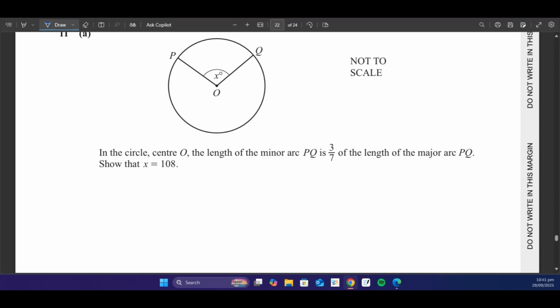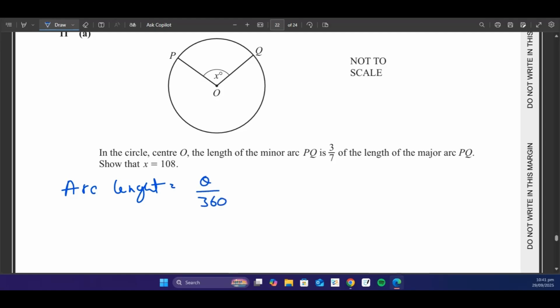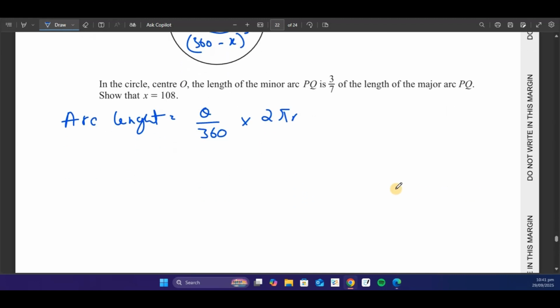Alright, so arc length equals theta over 360 times 2 pi r. Okay, so arc length equals theta over 360 into 2 pi r. And the other angle is 360 minus x. Make sense?